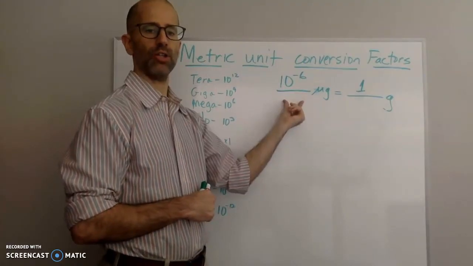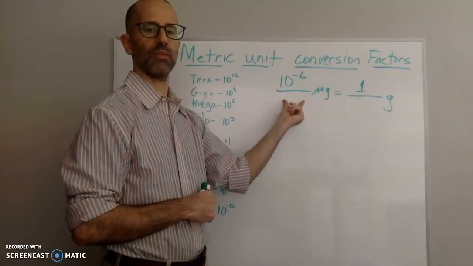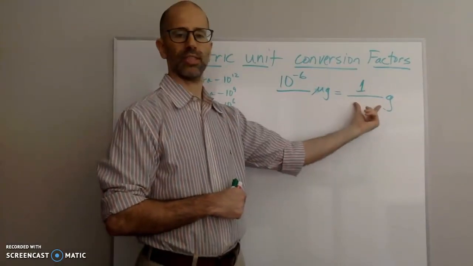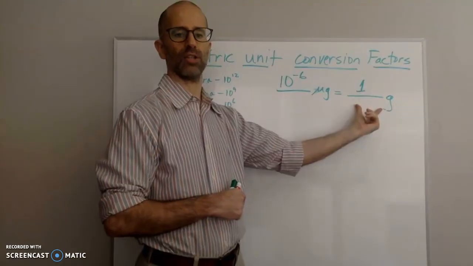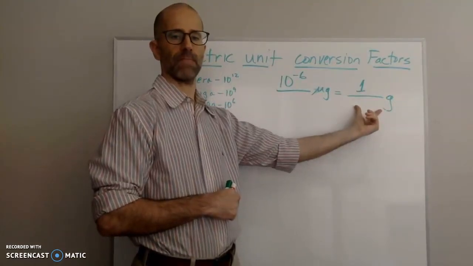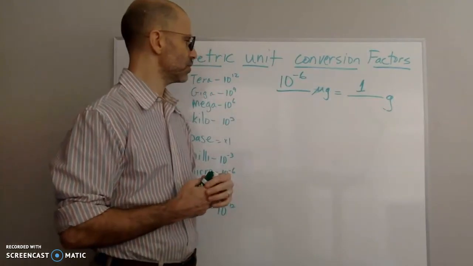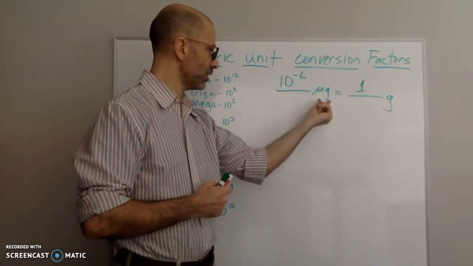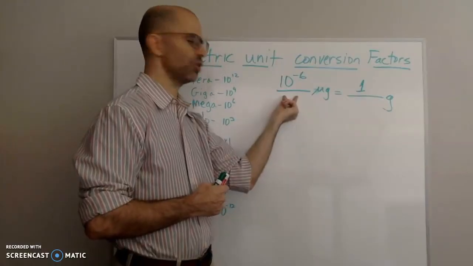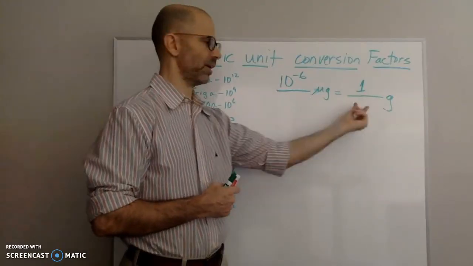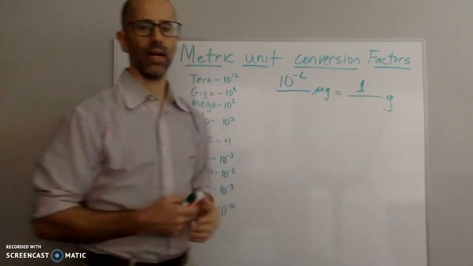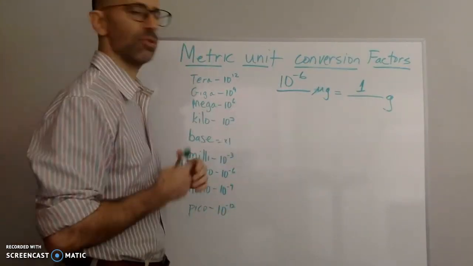So the smaller unit should get the larger number to equal the same magnitude of the larger unit. Okay, I hope that makes sense. So this is a much, much smaller unit, so this should be a much, much, much bigger number than 1, right? So be careful of that.